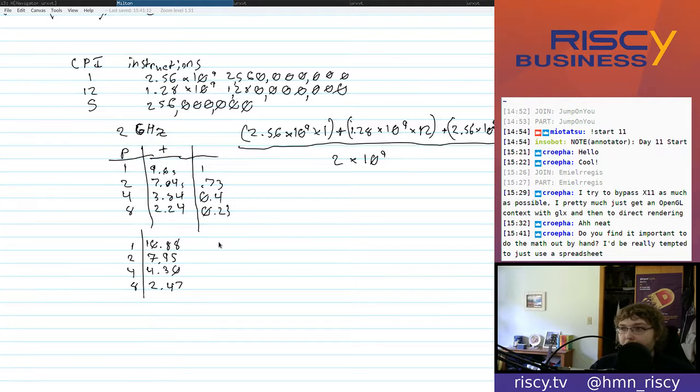Do I find it important to do the math out by hand? I'd be really tempted to just use a spreadsheet. Yes, I do find it important to do the math out by hand for a few reasons. First of all, just because I'm old school and I prefer paper over doing spreadsheets and things like that. I just like working things out on paper.